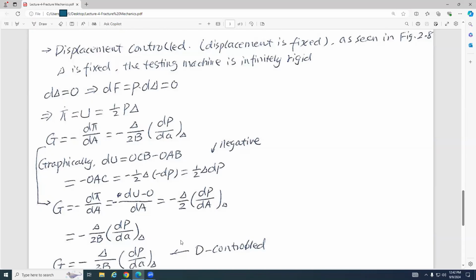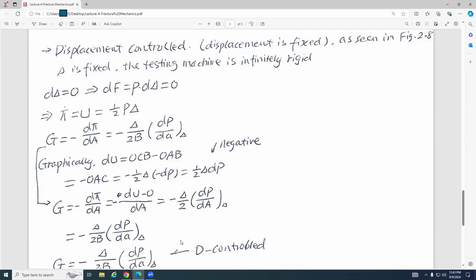Theoretically, it means the testing machine is infinitely rigid. The displacement is fixed, which means you cannot move it at all, so the testing machine is infinitely rigid. Because the displacement does not change, the deflection is constant.